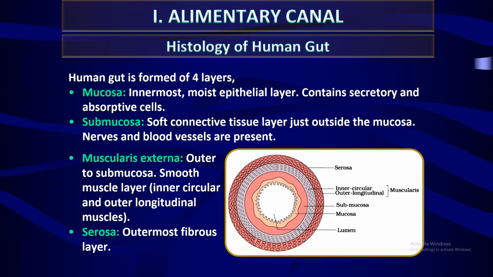It is followed by the outermost layer which is called serosa layer. It is a fibrous layer. So you try to understand, the alimentary canal is made up of how many layers?